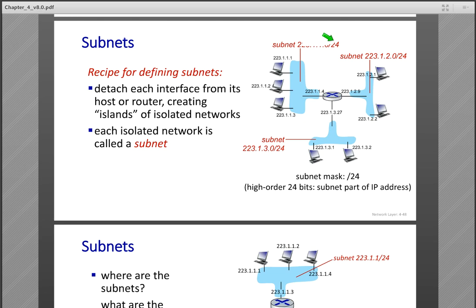So we use this slash notation to make it clear which part is related to the subnet.